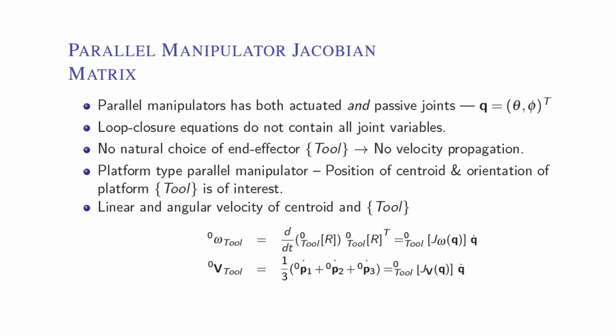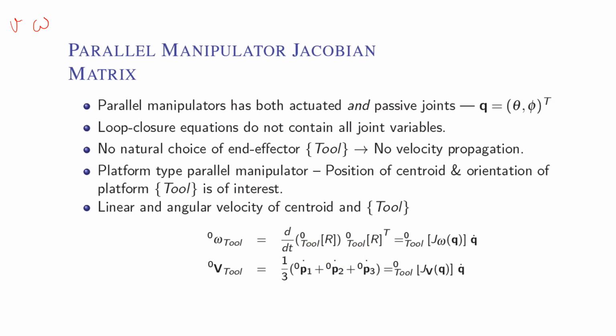We started with the propagation of the linear velocity and the angular velocity vectors, and then we reorganized these into something times the joint rate, and then we equated that to the linear velocity and angular velocity of the end effector.